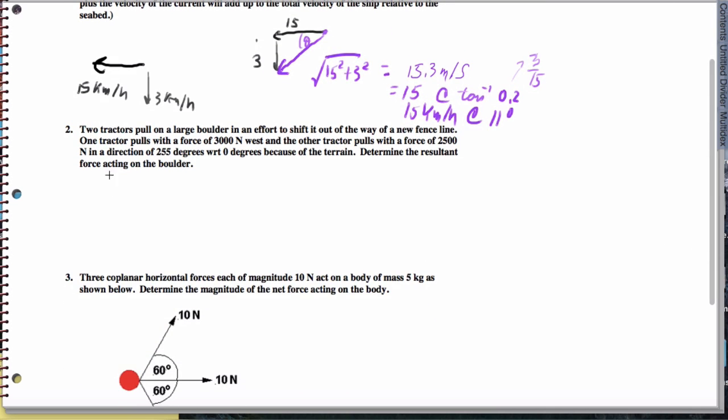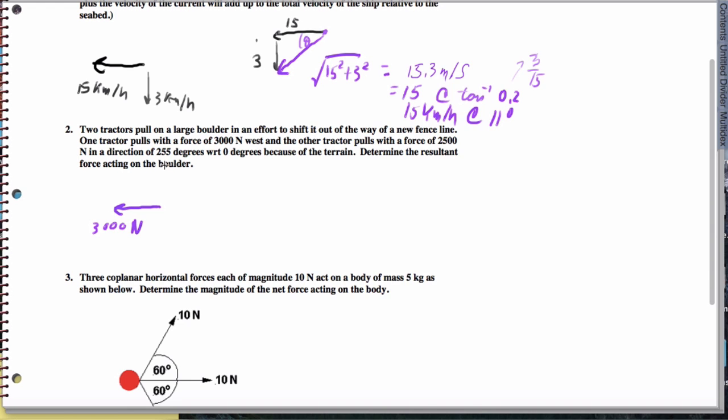Right. Now for number 2, we've got a couple of tractors pulling. One tractor pulling 3,000 to the west, which is to the left. And then the other is with a force of 2,500 newtons in the direction 255 degrees.